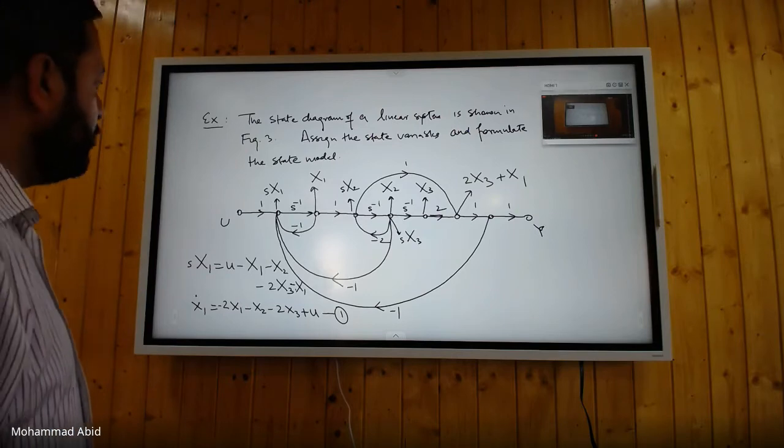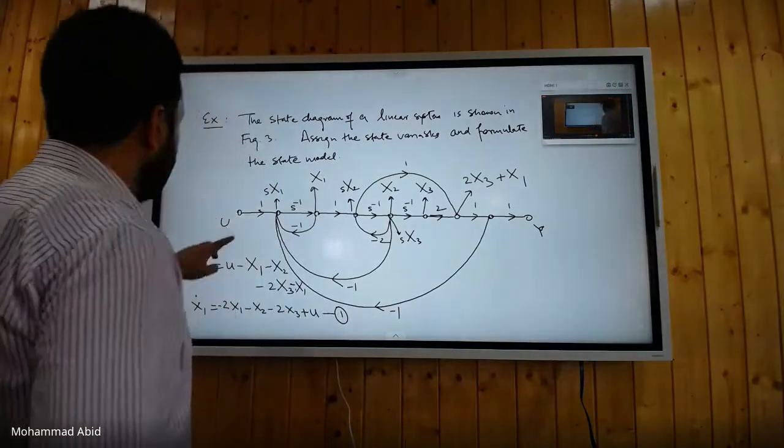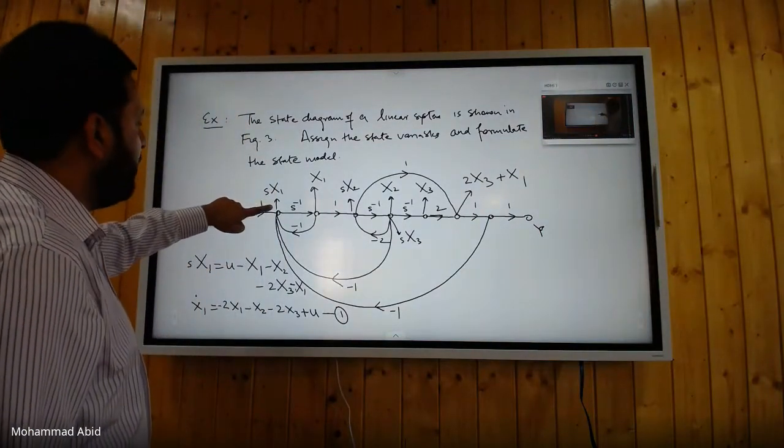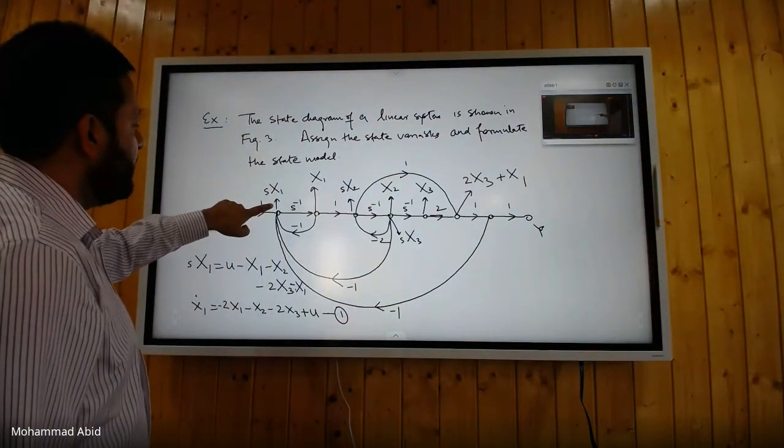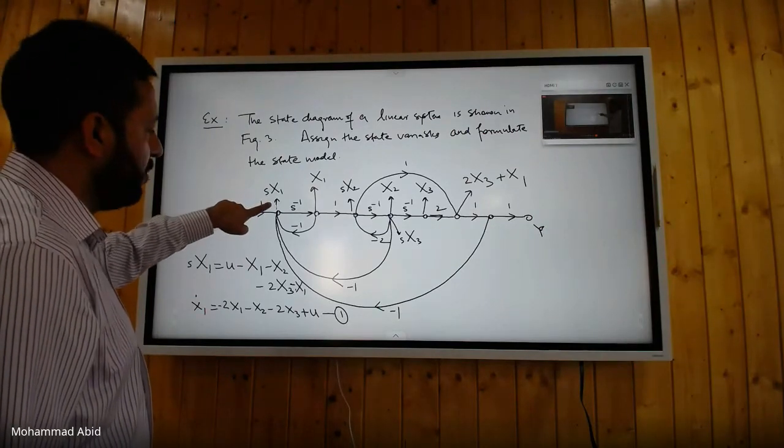Now what is the equation of sx2? Excuse me, sir, can you just explain this equation again? I'll explain once again. We are writing down the equation for this. You have learnt in signal flow graphs that the signal at a particular node is equal to the sum of all the signals entering the node.